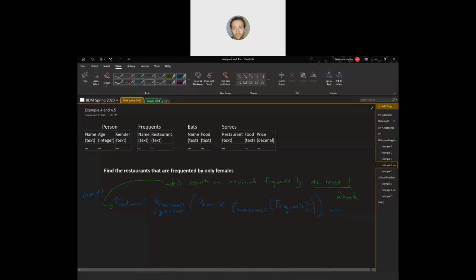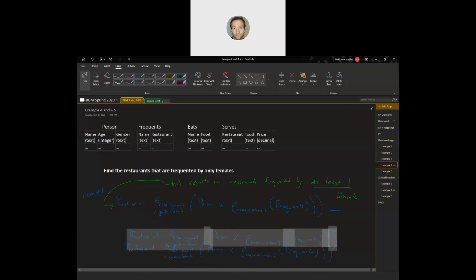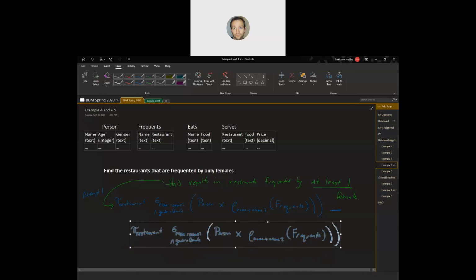Like this, I guess. So if from this set you subtract those restaurants that are also frequented by at least one male, then the result is just what this query is asking.